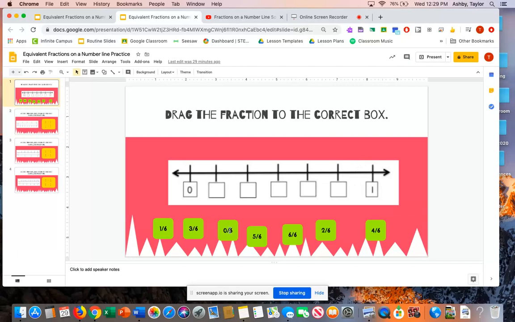As a mathematician, I would then begin by counting up each of those lines by 6 because that's how many parts I have. So I know that my very first one has to be 0 out of 6 parts. Then I continue to count up by 6 until I get to my whole.